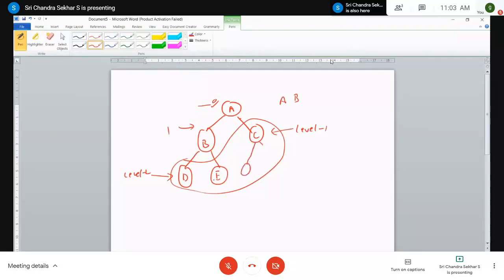If you add 1 child, it is not satisfying the property of full binary tree also, right? So you have to add 2 more children like this. So every internal node is having 2 children. This is satisfied, which is nothing but the property of full binary tree. And every leaf node is ending at the same level, which is nothing but the constraint of a proper binary tree, right? This is the difference between a full binary tree and a proper binary tree, right?